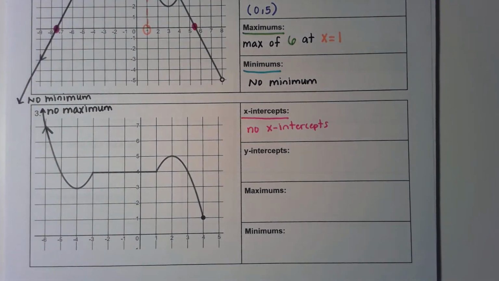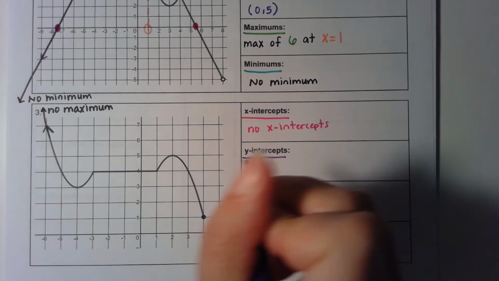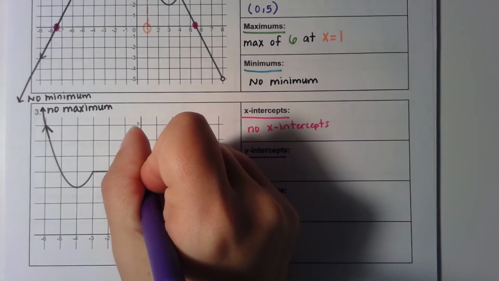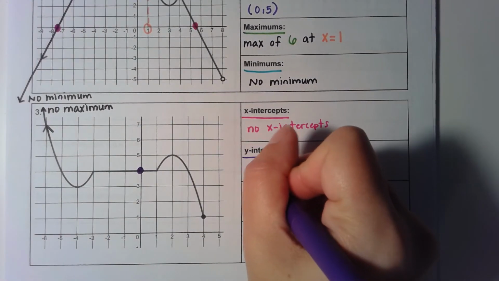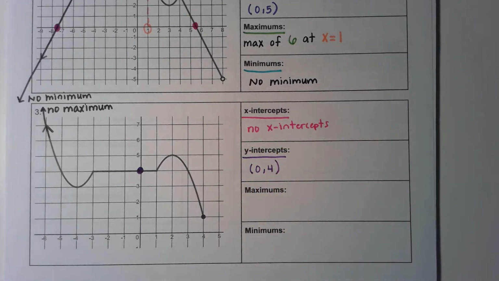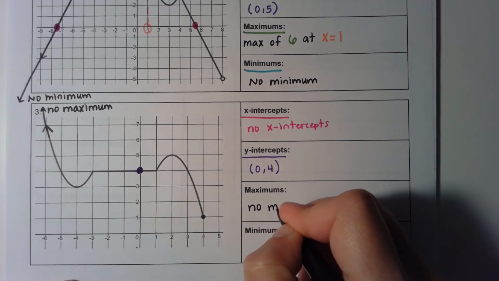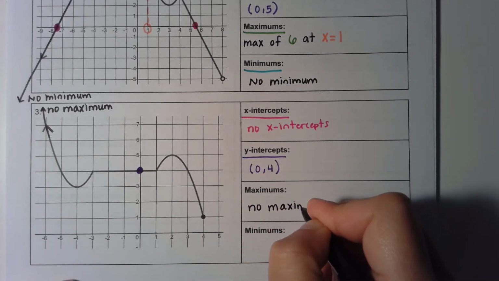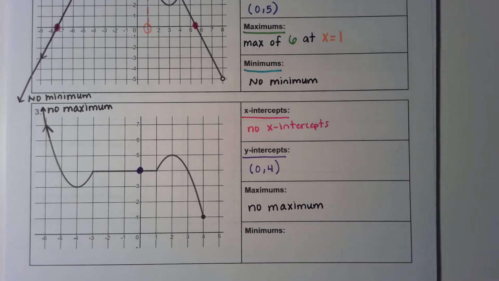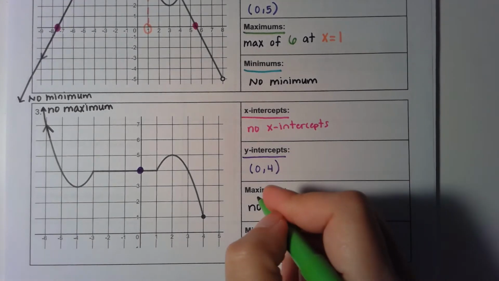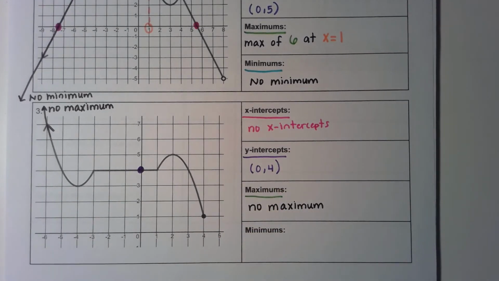The y-intercepts are going to be the places where the graph crosses the y-axis. Now on this graph, there's going to be one y-intercept at the point 0, 4. Now we already looked at the graph and we said there was no maximum because there's an arrow, so the graph keeps going up, up, up forever. However, there is a minimum.